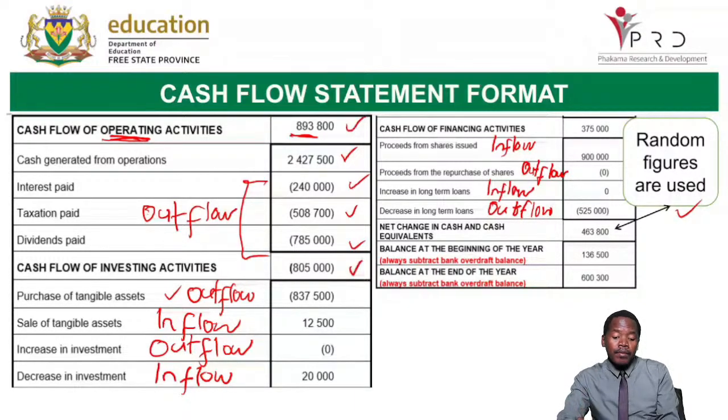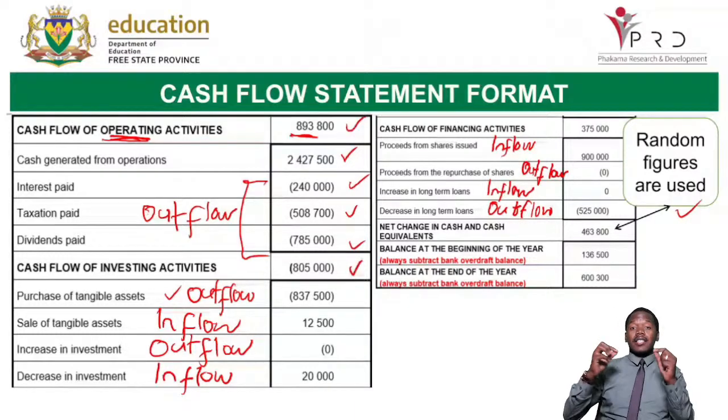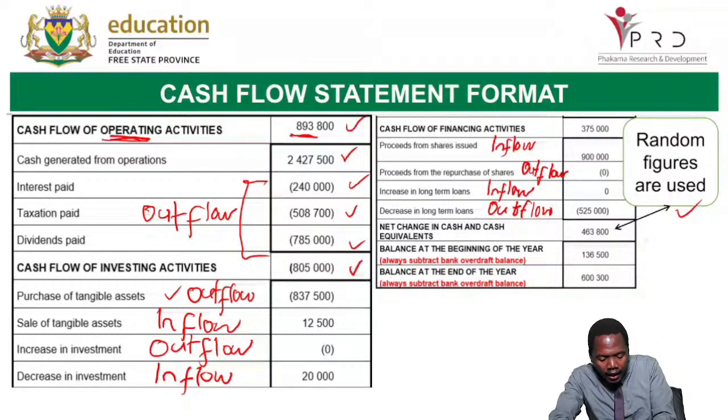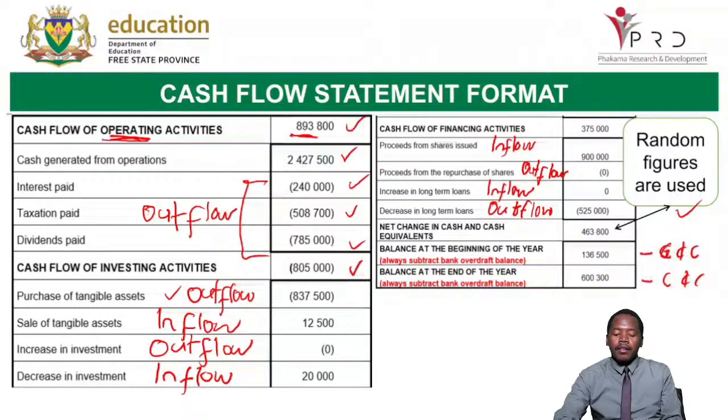Step number two, we can move to the last two items. What do we have there? There's balance at the beginning for cash and cash equivalents. This is also for cash and cash equivalents. And we also have the balance at the end. But what you need to note, the bank overdraft balance must always be subtracted.